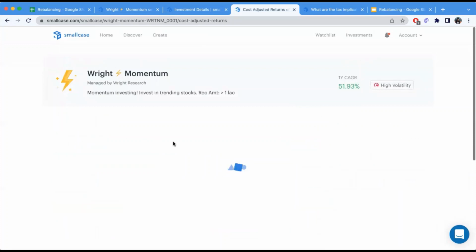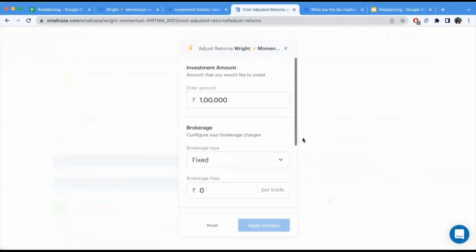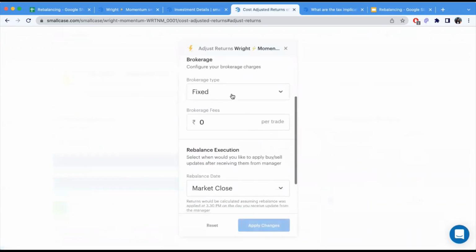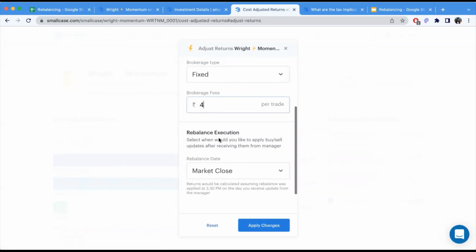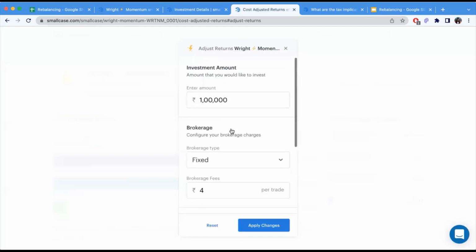You can look at it at different horizons. And let's say you wanted to vary the amount. You want to say that my brokerage is higher, I have to pay 5 rupees, and I can't trade at market close; I will trade at the next day's market close. You can make all these changes as per you.